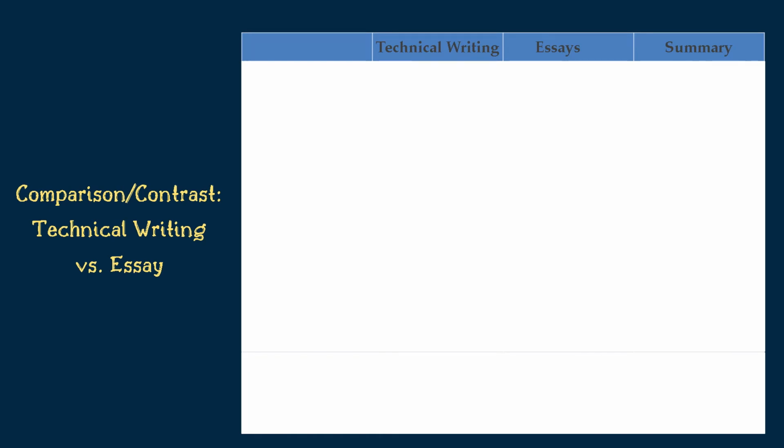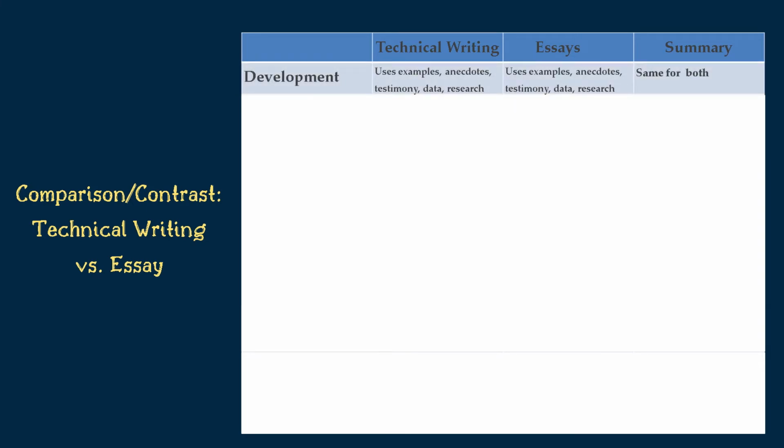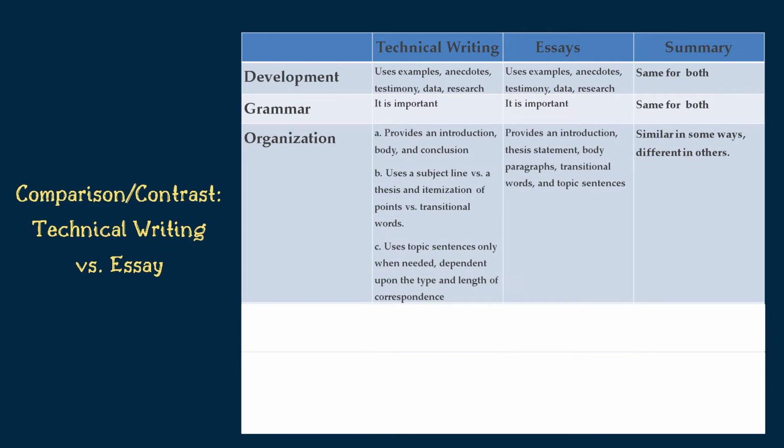So here are some comparisons or contrasts between technical writing and essay. In terms of development, technical writing uses examples, anecdotes, testimony, data, and research. The same goes with essay, so same for both in terms of development. And when it comes to grammar, it is important for both. When it comes to organization, technical writing provides an introduction, body, and conclusion.